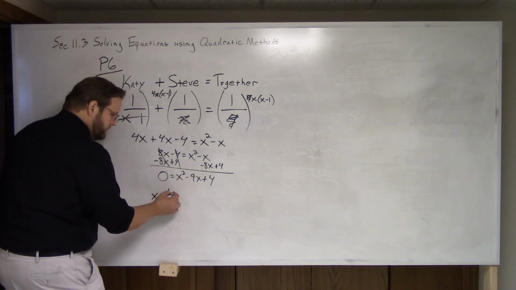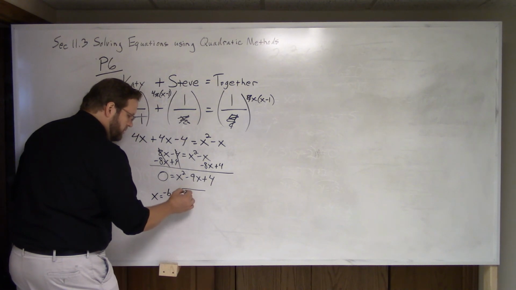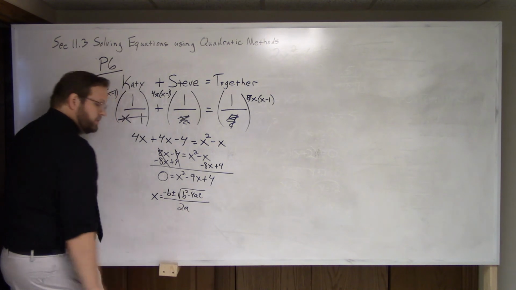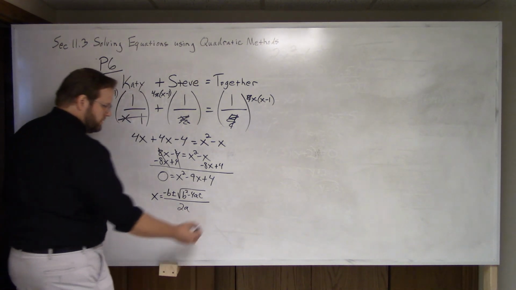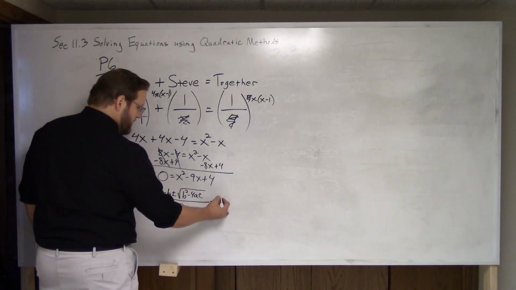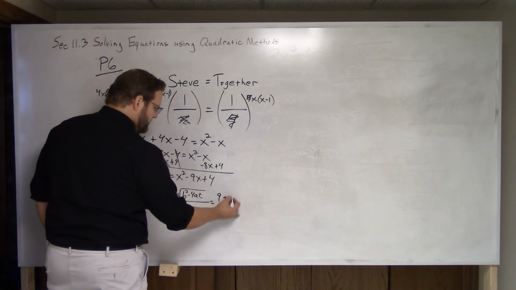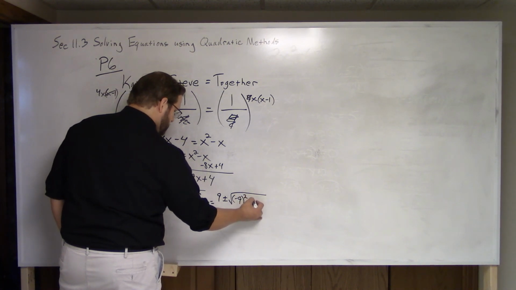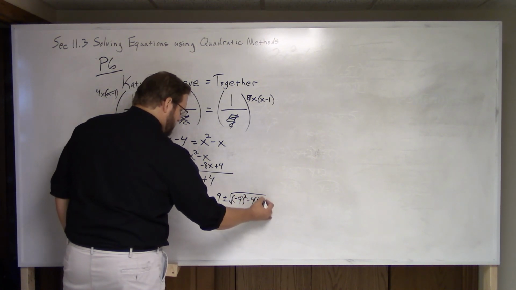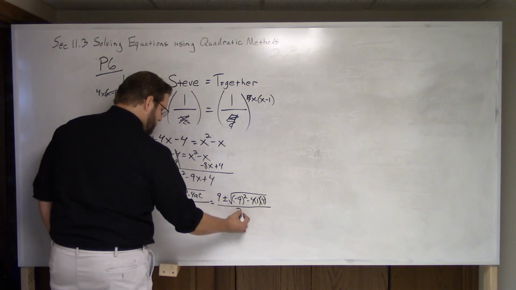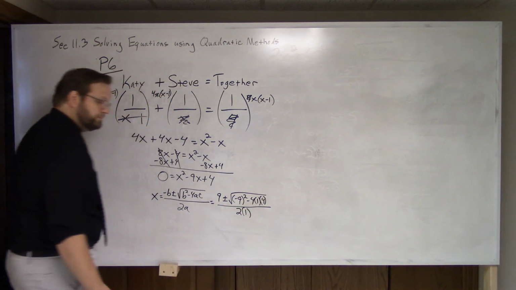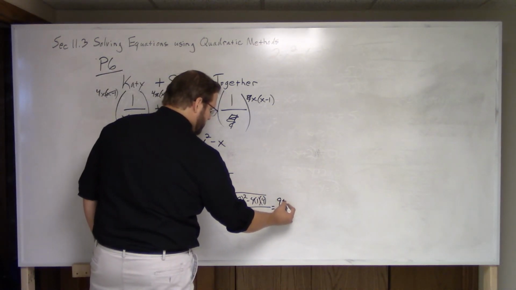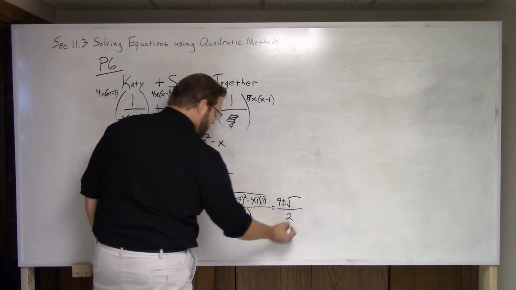Opposite of b, plus or minus, square root, b squared minus 4ac all over 2a. So I have positive 9 plus or minus the square root of negative 9 squared minus 4ac all over 2a. 9 plus or minus square root of something over 2.